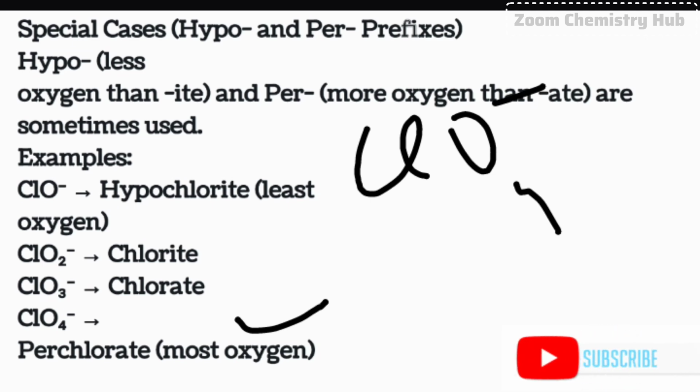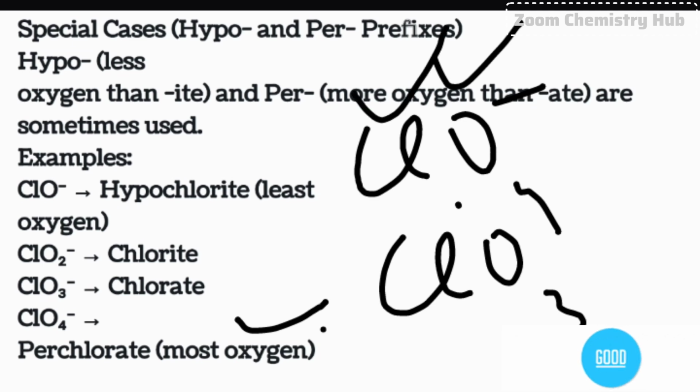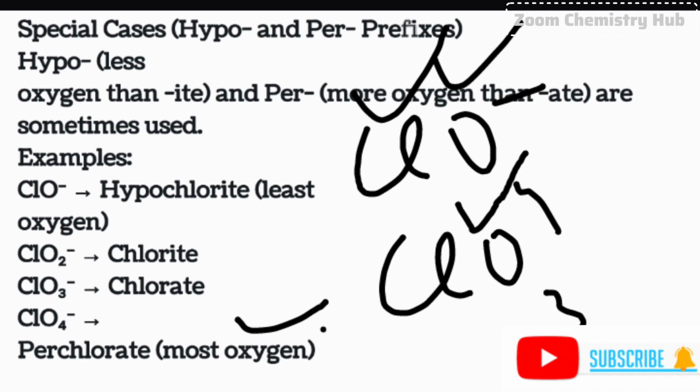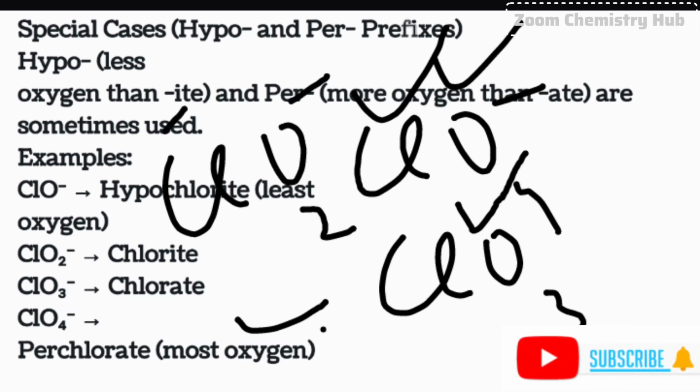When one oxygen is less than perchlorate, it forms chlorate, that is ClO3 minus. When 2 oxygens are less than perchlorate, it is chlorite, that is ClO2 minus, ITE.